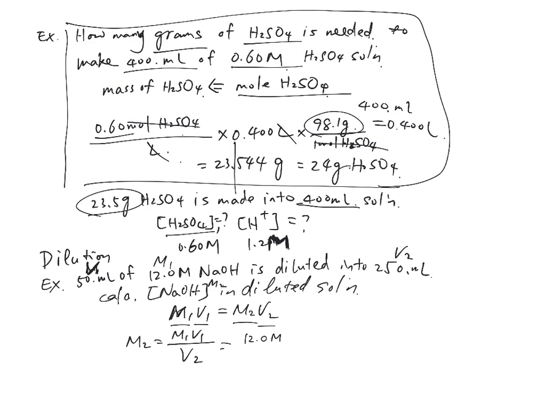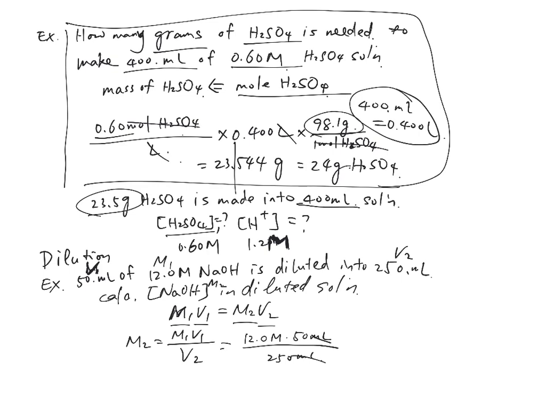So stick your numbers in. 12.0 molar times 50 milliliter. Normally, for a regular concentration calculation, we always turn our milliliter into liter, okay? But in a dilution situation, when you have volume on top and volume on the bottom, in this case 250 milliliter, you realize that my volume units are the same, and I can cancel them.